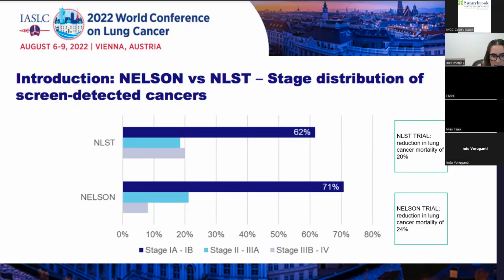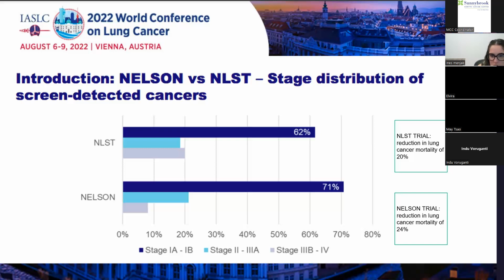As you can see, in the Nelson trial, the detection of early disease, stage 1A to 1B, is represented in the dark blue bar with 71%, and the NLST is represented at 62% of the diagnosis of early disease, stage 1A to 1B. These trials differed from each other in terms of study population, trial design, and also the nodule management protocol.